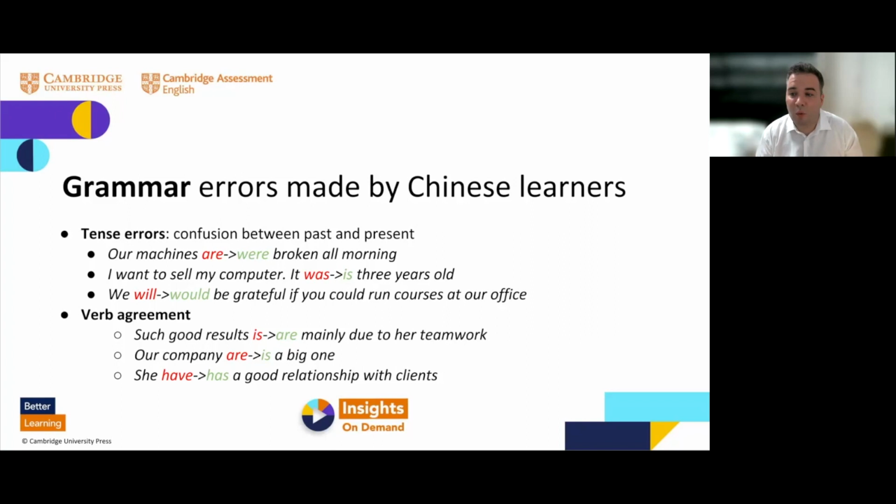For example, "will" instead of "would", or "can" instead of "could". It could also be an error with complicated tense, such as the past perfect. Chinese doesn't have verb agreement between subject and object, so it's not surprising to see some of these errors here.